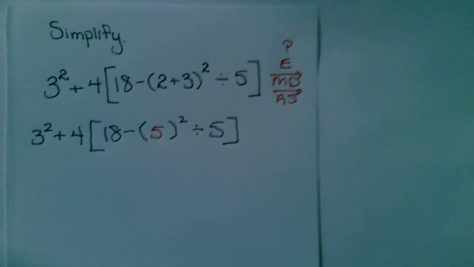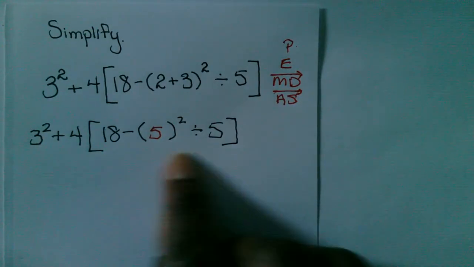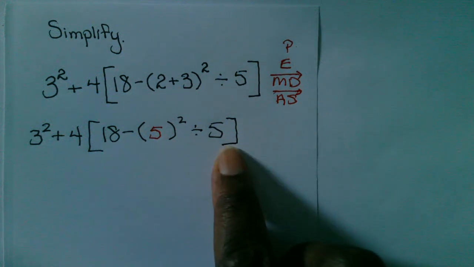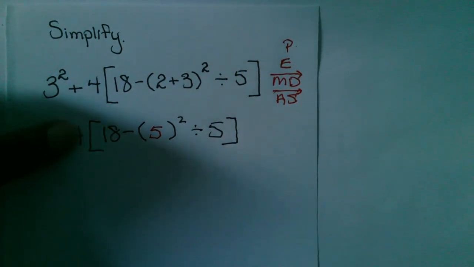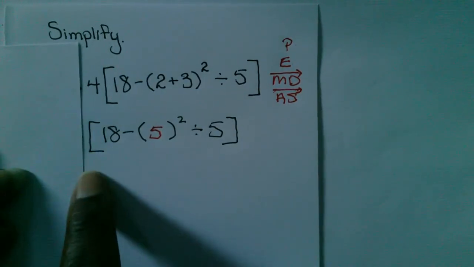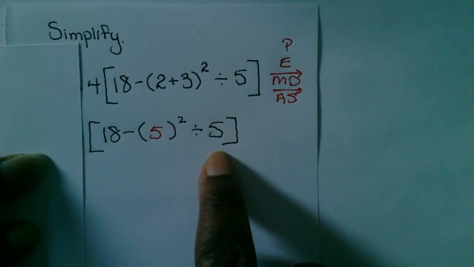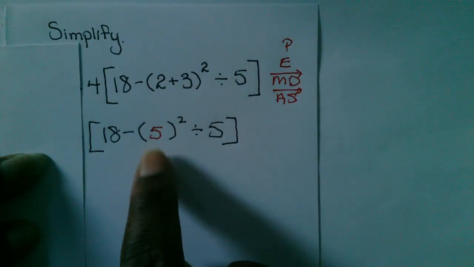So now we're still inside of a parenthesis, which is actually a bracket. Taking a look inside here, we're not doing anything. Let me cover this part right now so we can focus our attention in this bracket. So inside the bracket, what do we need to do next? We need to hit that exponent, okay?